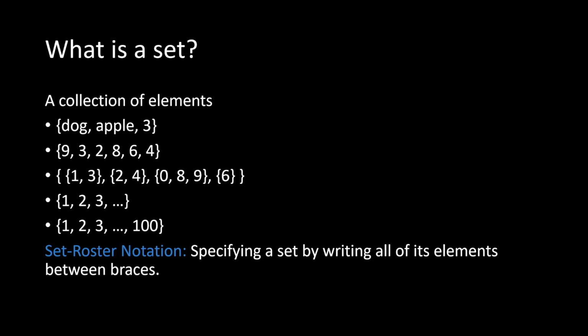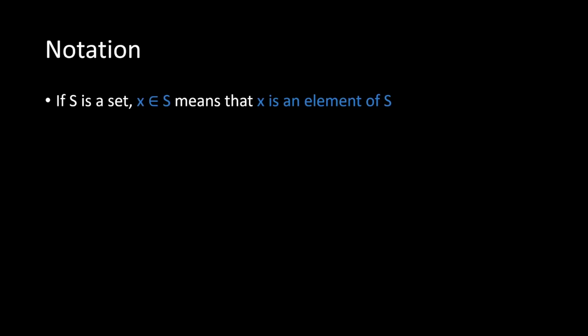Now, we can go ahead and go over some notation. If we want to say that something is an element of a set, we can say that X is an element of S. We can do this through some notation where X has this symbol, meaning is an element of or is a member of, and then we have S at the right, which is a set.